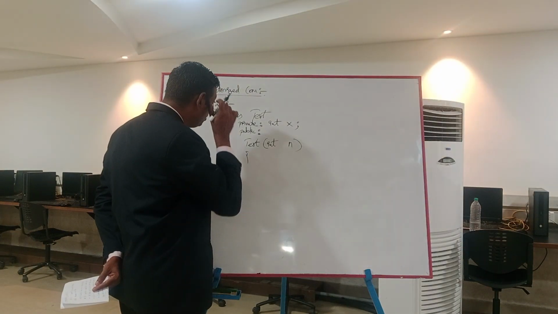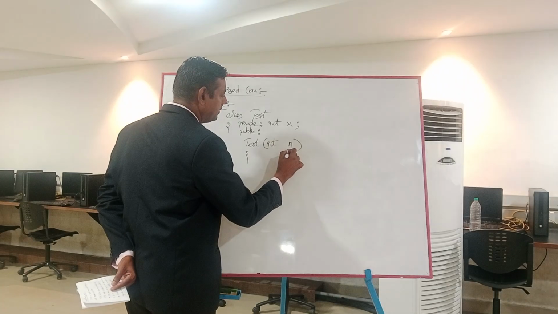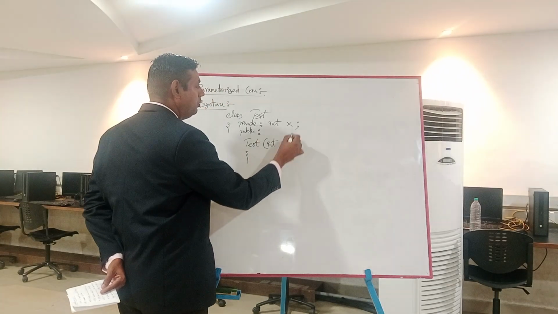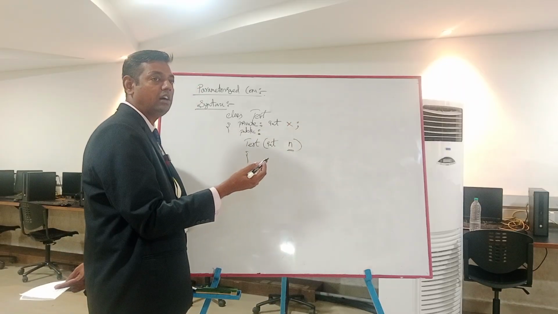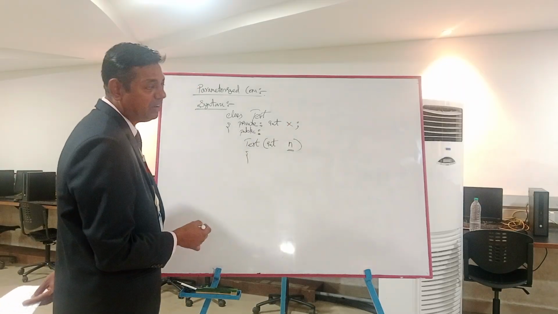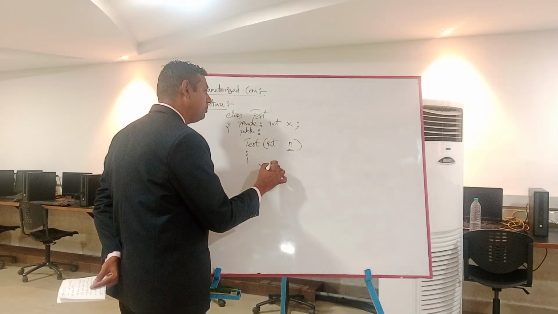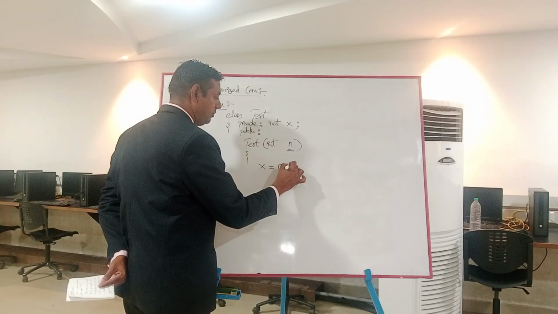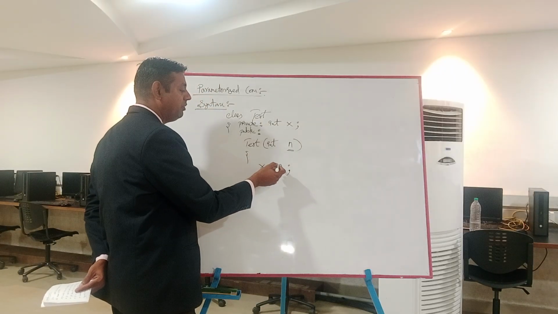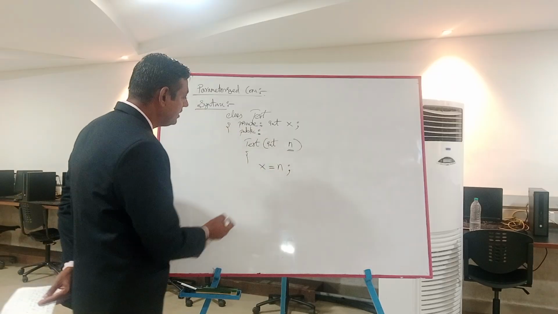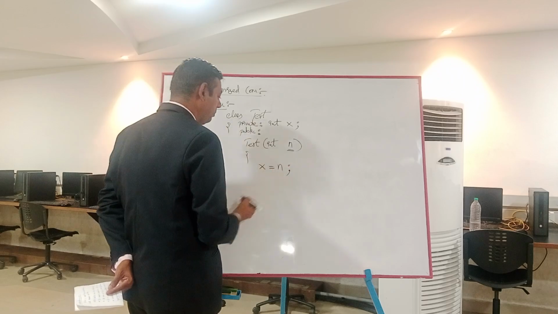Using this parameter, I can assign the value to the data members of the class. This is another way of assigning values to the data members. Here I can simply write the statement x is equal to n, meaning I am assigning the value of n to x. So x is the data member, and n is the parameter.